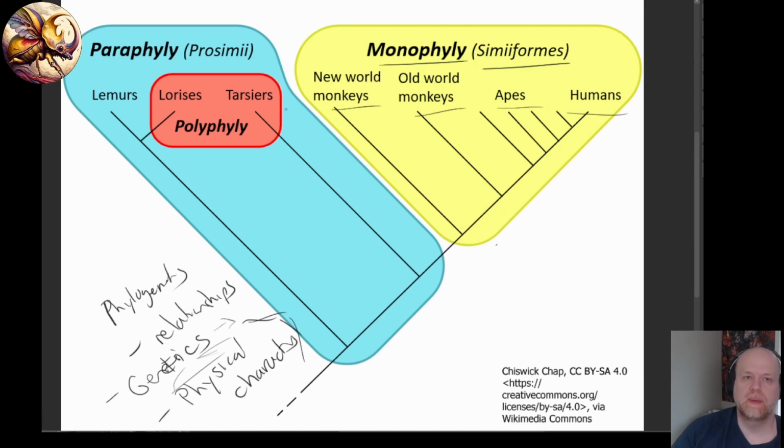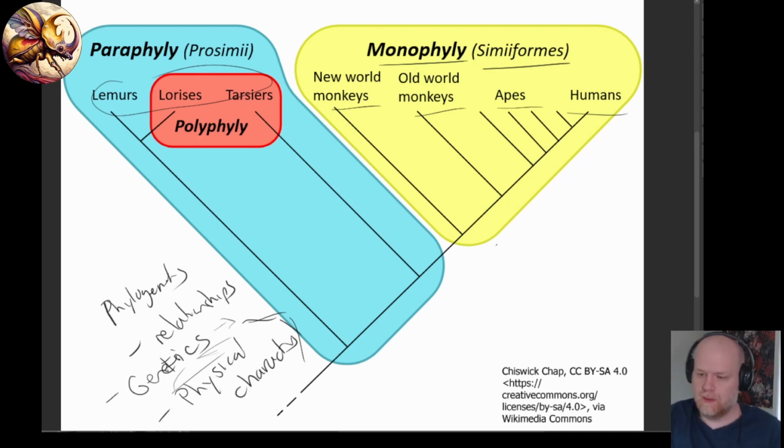Paraphyly is when something is missing. So when we're talking about the prosimians, we're talking about kind of the basal groups, the lemurs, the lorises, and the tarsiers. I'm kind of getting out of screen here. So with the prosimians, paraphyletic means that it includes most of the things within the group, but may be missing a branch.